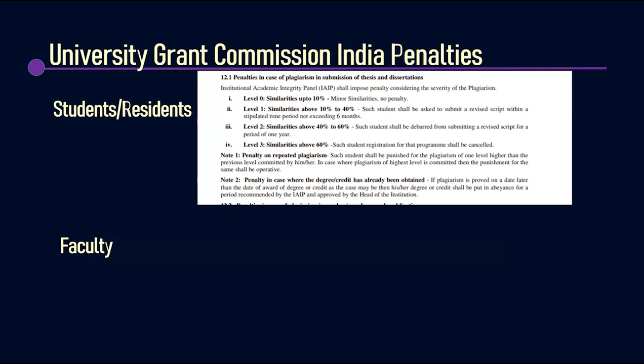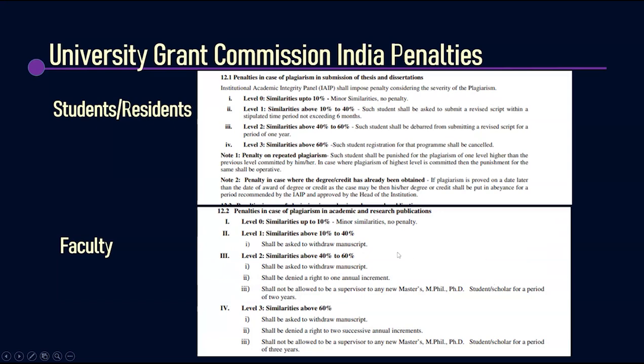So if you commit level 3 plagiarism, your student registration for that program will be cancelled. And the penalty for repeated plagiarism is even worse, and the punishment is one level higher than the previous level committed by the student. For the faculty also, there are different grades of punishment.